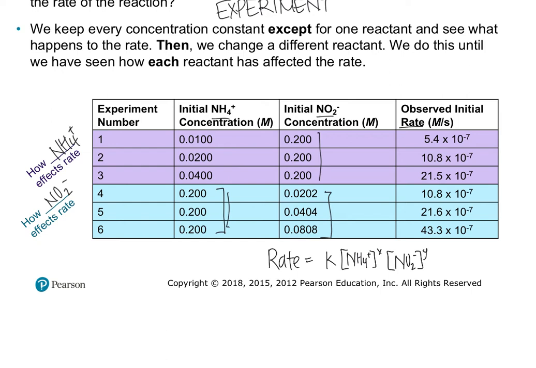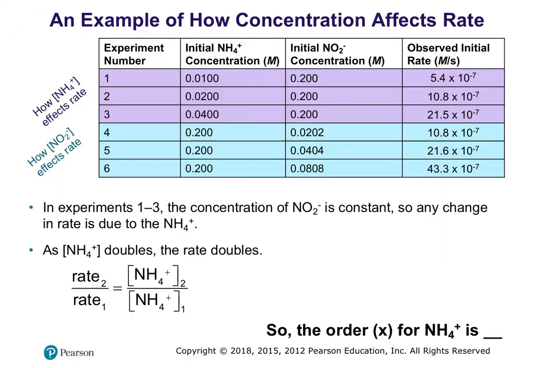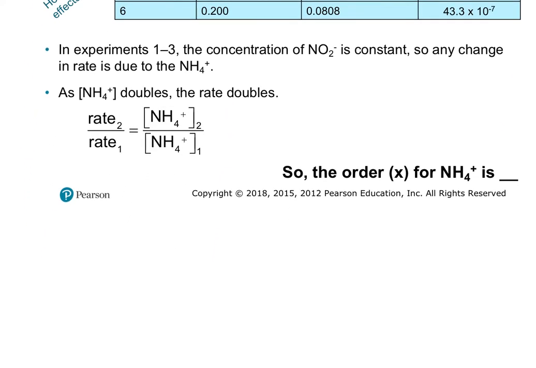And what we want to do is solve to find out what these exponents are, in which way the concentrations are impacting our rate. So if we do experiments 1 through 3, we're going to be seeing the effect of ammonium. So if I do rate 2 over rate 1, let me just show you what that will do.